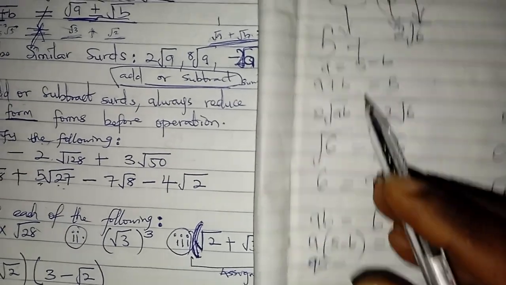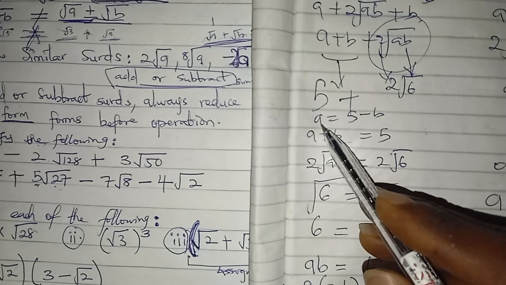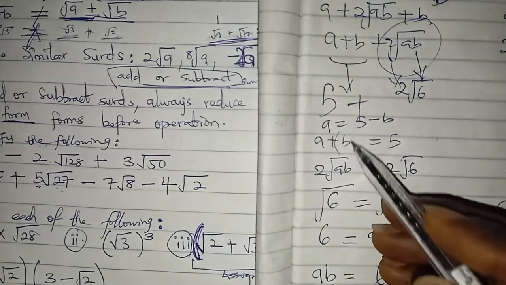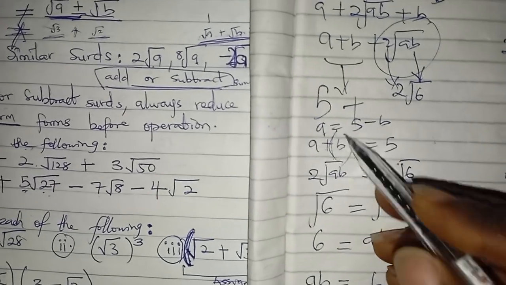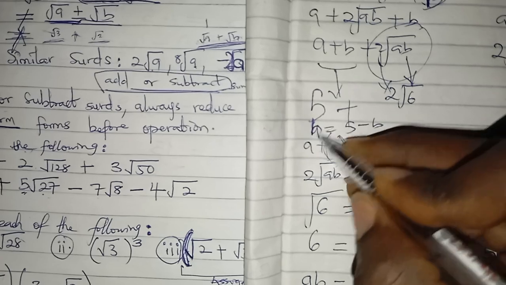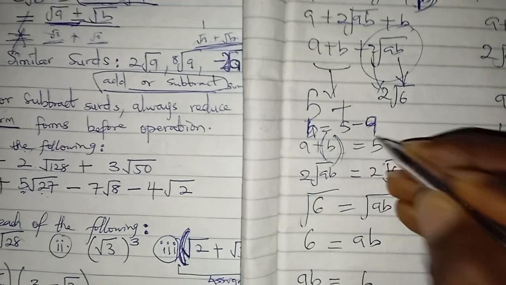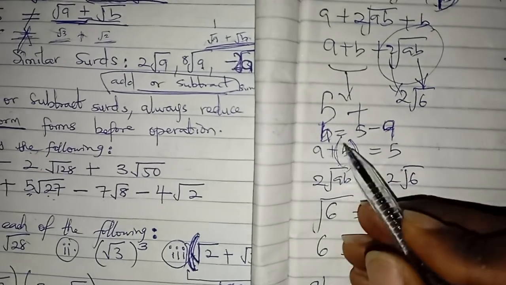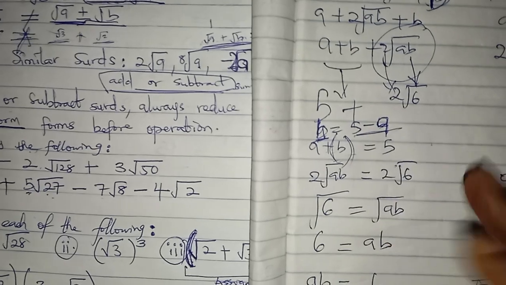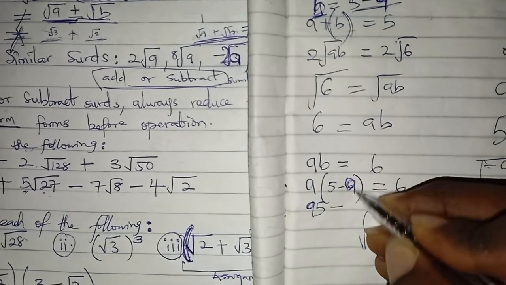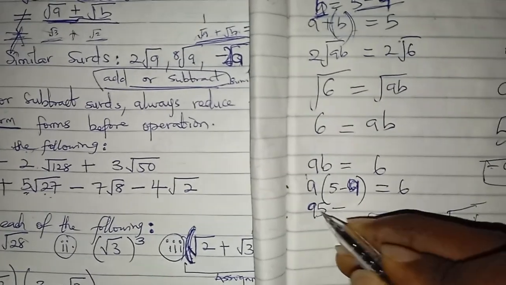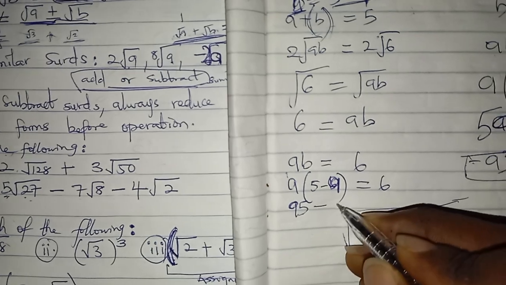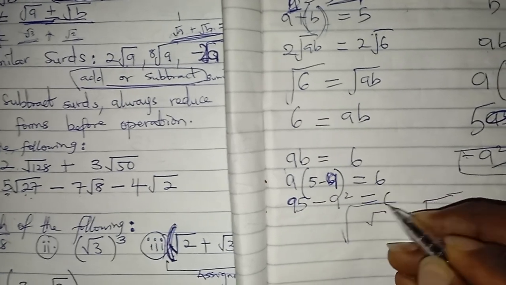See, this part is b, so this is supposed to be b is equal to 5 minus a, so that we can substitute for b this value. So 5 minus a. So we have 5a, then a square equals 6.